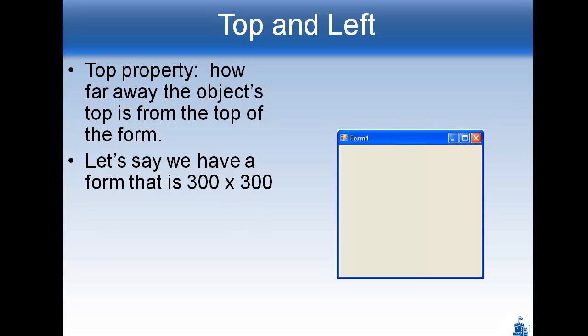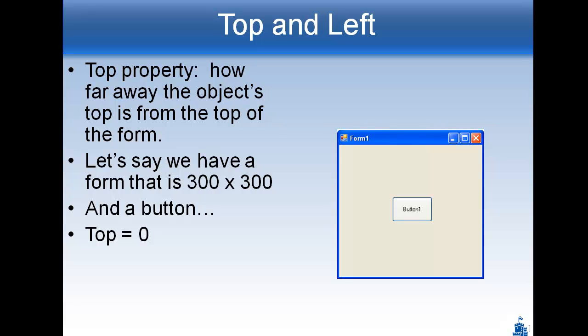Let's say we have a form. There it is. It's 300 by 300. And we have a button on the inside, call it button 1. Now, its top property is how far away the top of the button is from the top of the form. So, for example, if top is equal to 0, the top of the button is 0 pixels away from the top of the form.